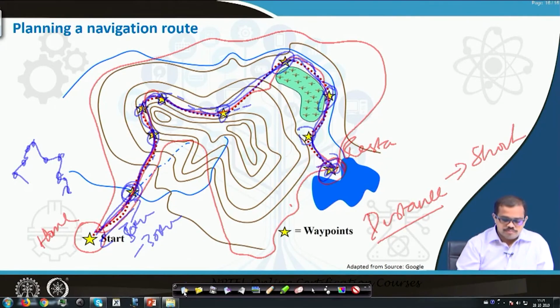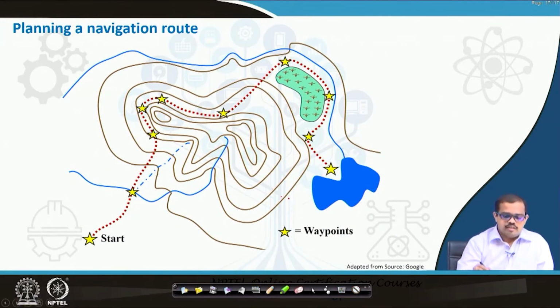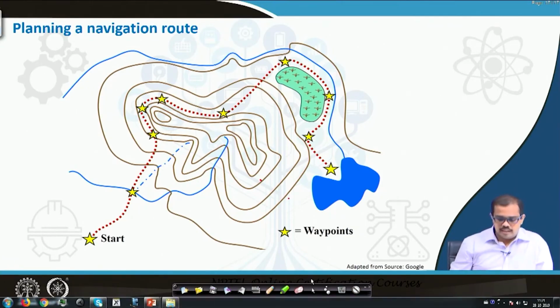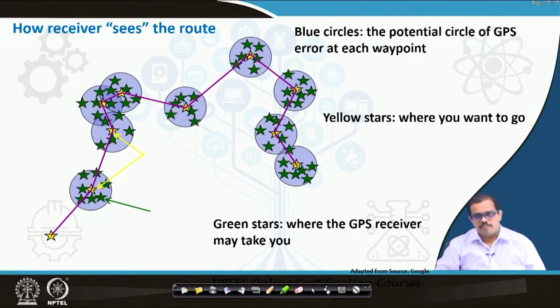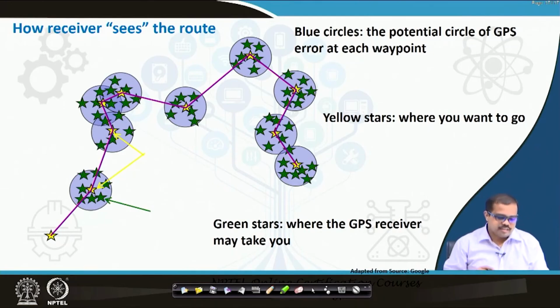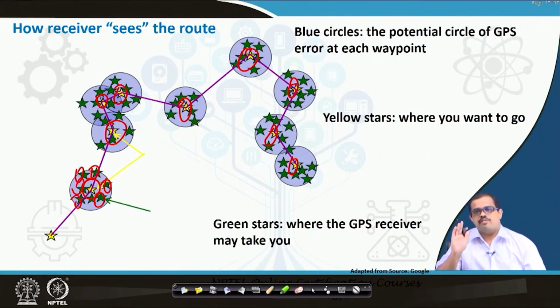Fine. If you have understood this, the next point, which is very interesting, is how the GPS receiver sees the route. It is not as simple as the previous one. As I said, these are the main waypoints, but due to the positioning service you have, the GPS receiver can see all of these green stars as positions it may take you.